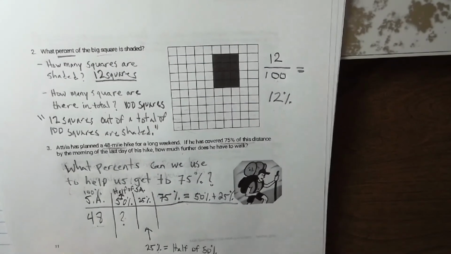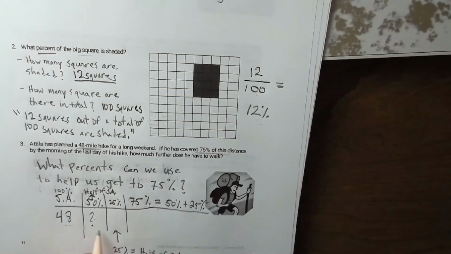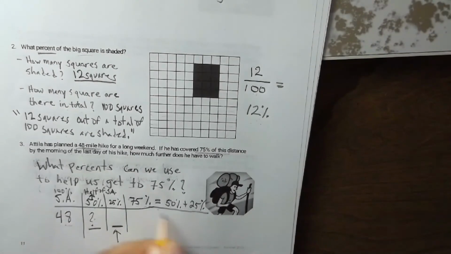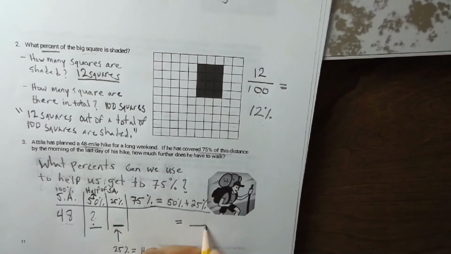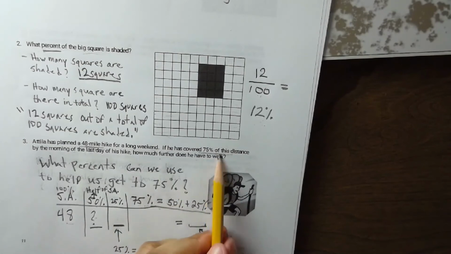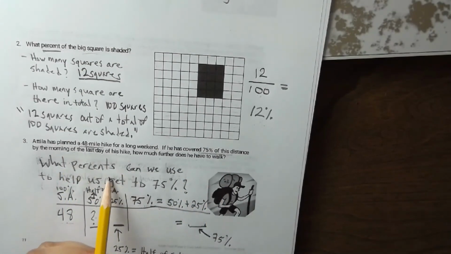Okay, so to find 75% means that I have to add this amount with this amount, and whatever that amount is would be our 75%.